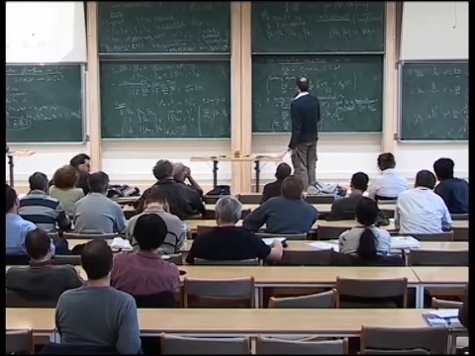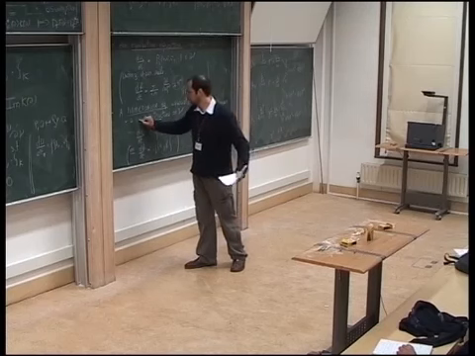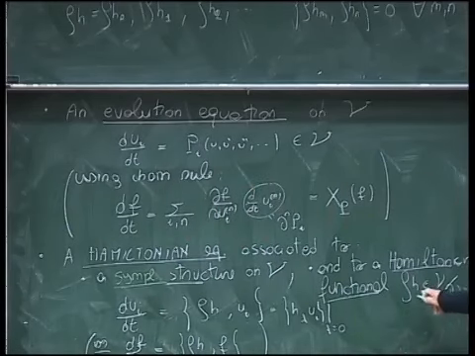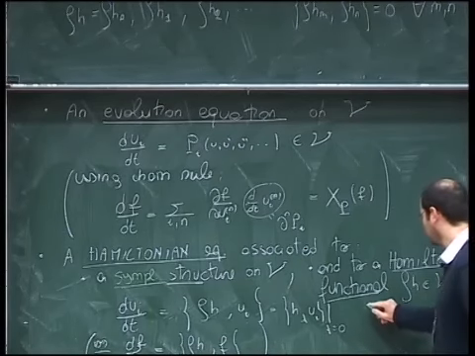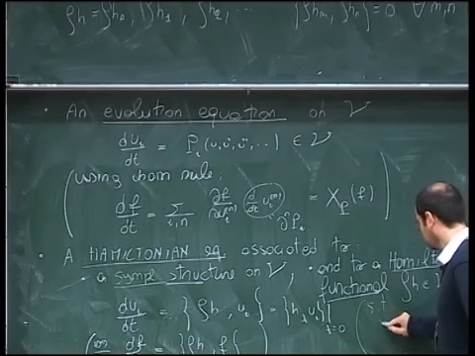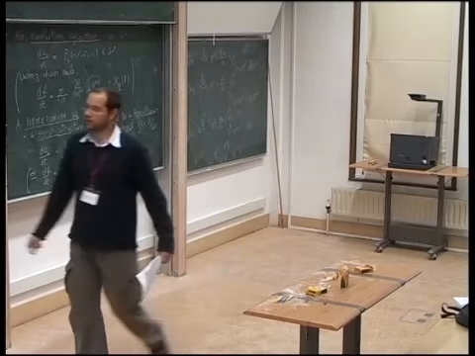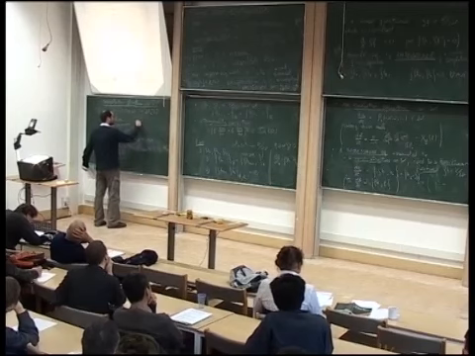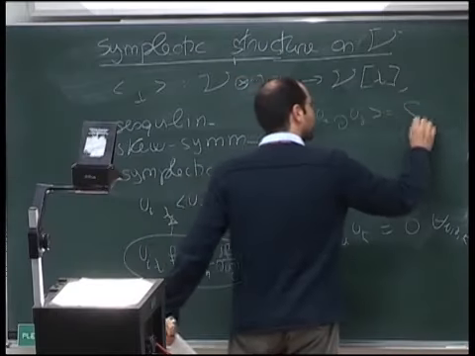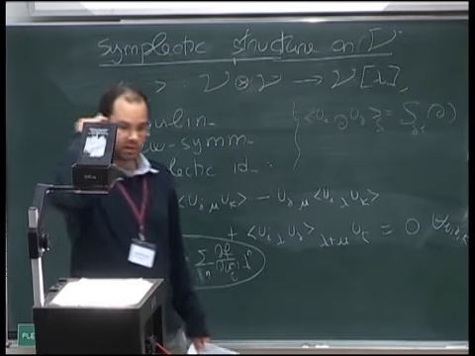You can define the Hamiltonian equation associated not to a Poisson vertex algebra structure, but to a symplectic structure, and to a Hamiltonian functional integral of h, which has the property that dh/du, let me associate to any symplectic structure a certain differential operator as we did before. u_i duj is s_ji of D. It's a certain differential operator associated to this symplectic structure.